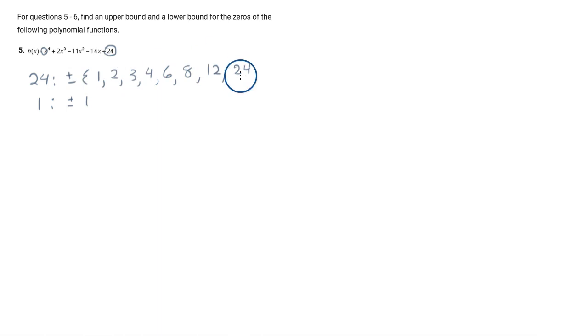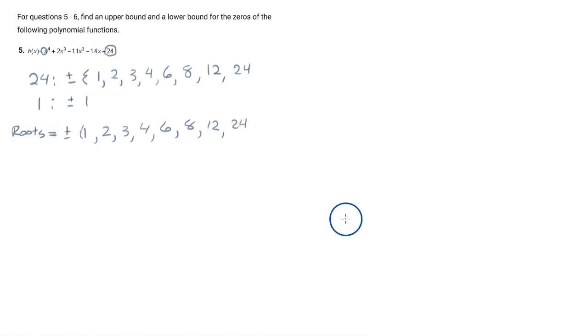So if we divide all of these factors, remember these are our p-values, by our only q, we get the exact same list here. And so we could have for our zeros positive or negative 1, 2, 3, 4, 6, 8, 12, and 24. That's a lot of roots to test.